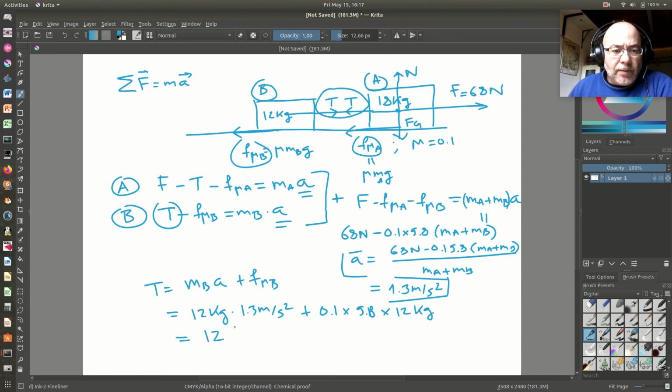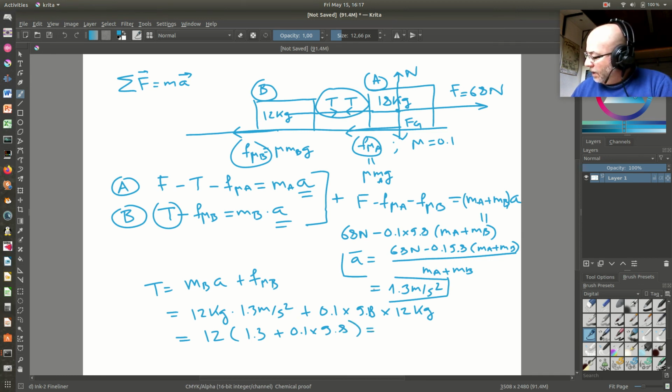Let's make it 12 times 1.3 plus 0.1 times 9.8 times 12. We always try to simplify. This is equal to around 27.36 newtons.